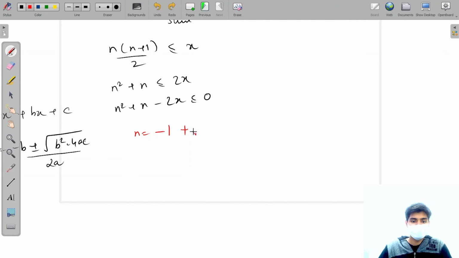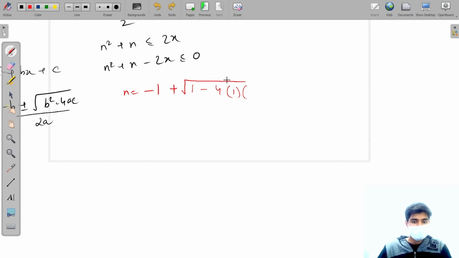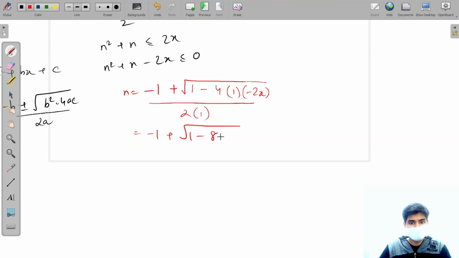So plus under root of b square, which is 1, minus 4 times a, which is also 1, times c, and c here is minus 2x, divided by 2 times 1. So this will give me minus 1 plus under root 1 plus 8x, divided by 2. This will be my n. So I can say that n is directly proportional to root of x.